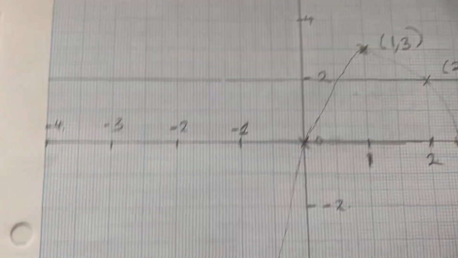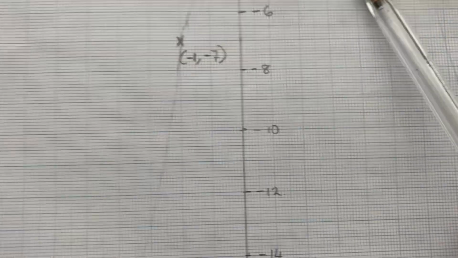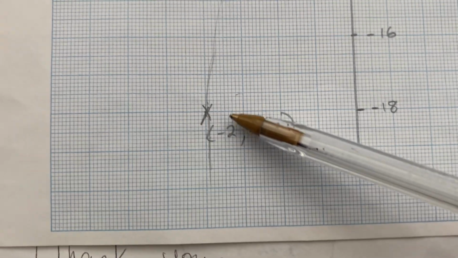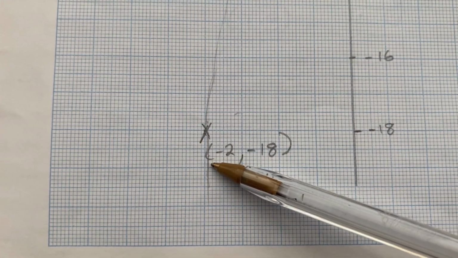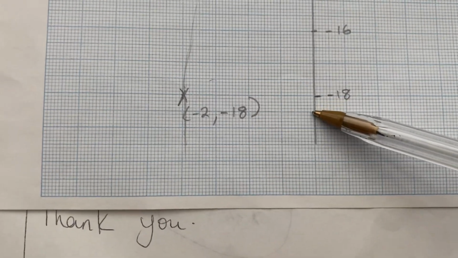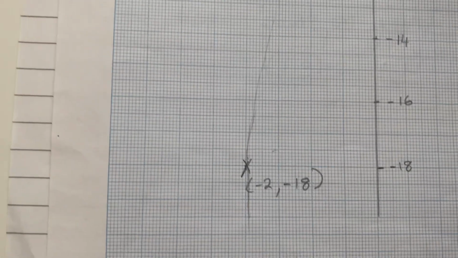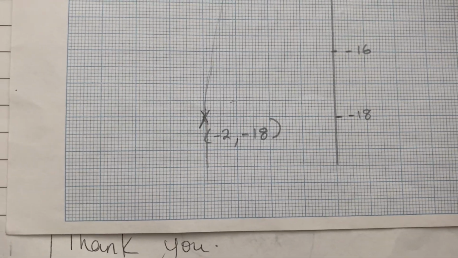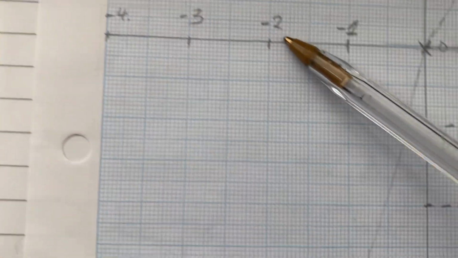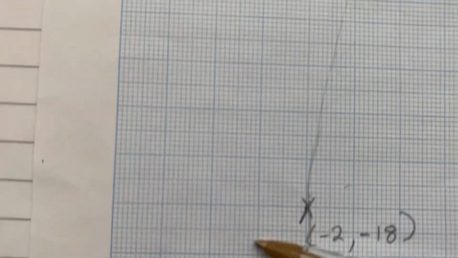So let's see what we got here. When x is -2, y is -18, so -18 there and -2 there, all the way here. You can use a ruler to get that point.